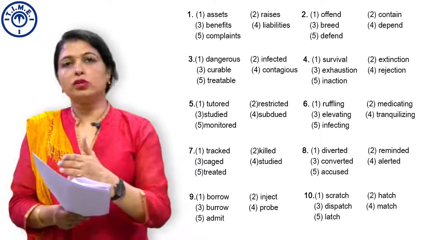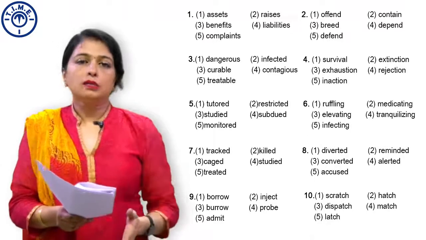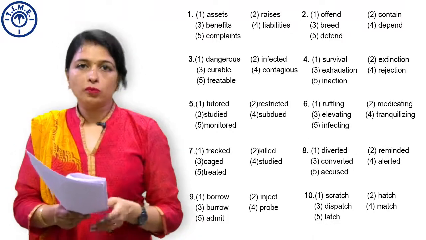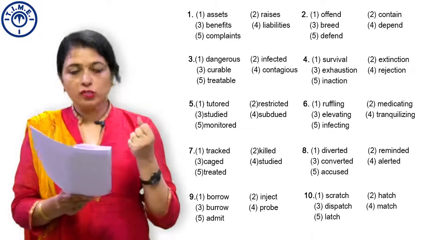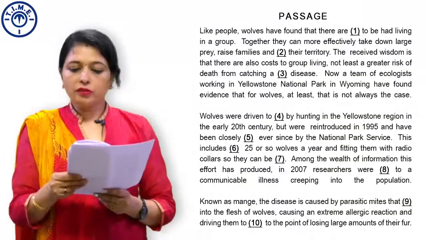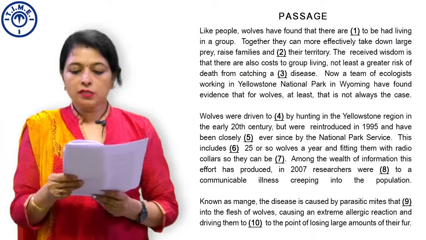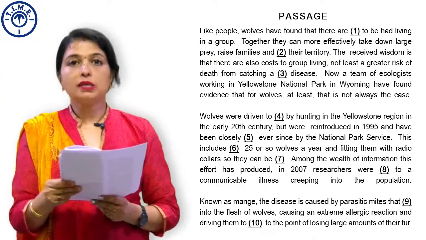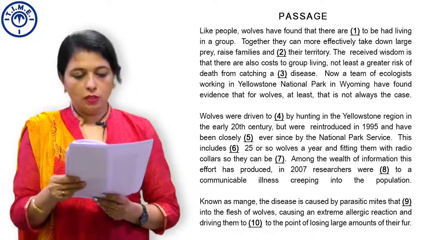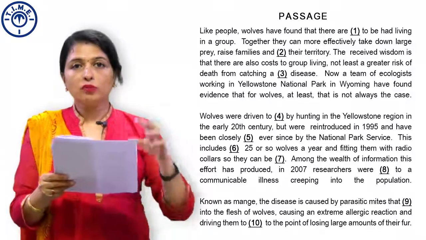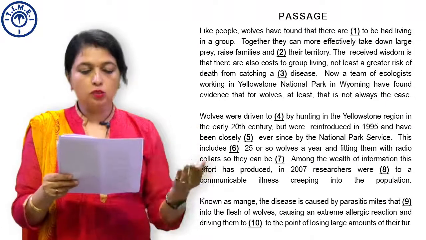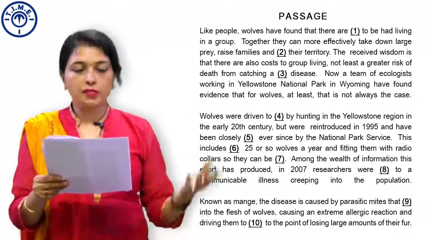After fitting them with radio collars, the purpose is to keep track of their movements, and so we go with choice number 1. Among the wealth of information this effort has produced, in 2007, researchers were dashed to a communicable illness creeping into the population. So, one of the objectives of tracking these wolves is to monitor their health, habits and conditions.